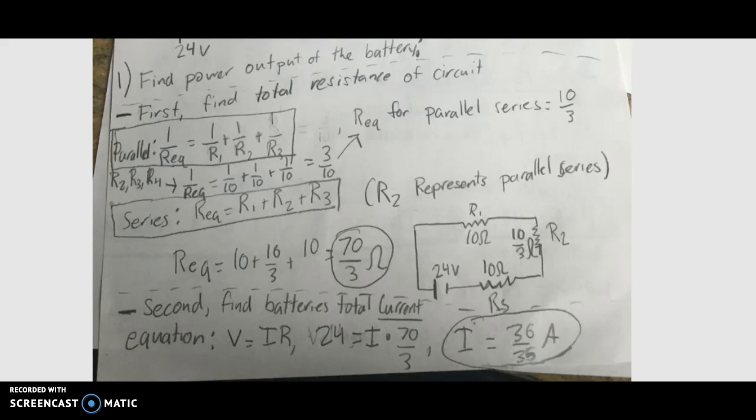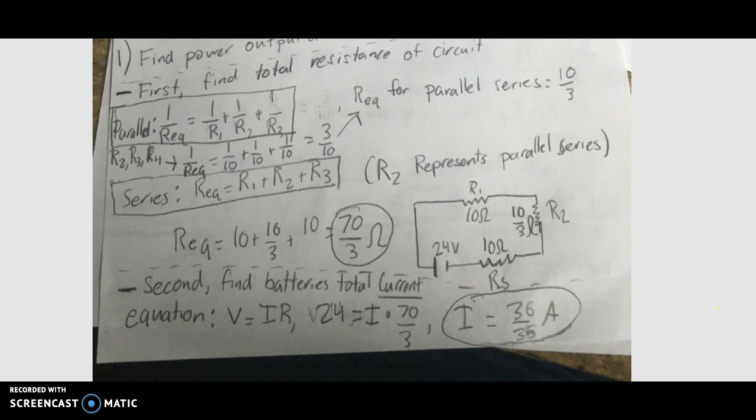Now for series. Series is much more cut and dry. You just have your total resistance equal to R1 plus R2 plus R3. In this case, we'll have R2 equal our parallel section, because in reality, if you were to take out all 3 and combine them into 1, we really have just one 10 over 3 resistor.